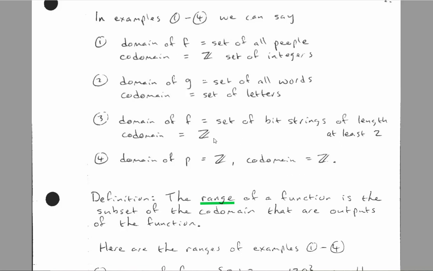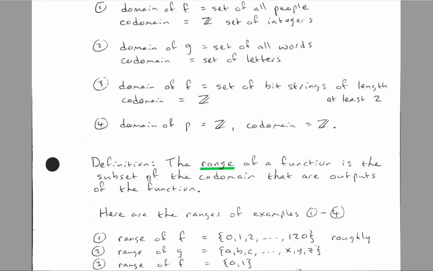So we're seeing here that what's coming out doesn't have to be the whole codomain. For example 3, we just have zeros and ones coming out, so certainly not every integer is coming out. So the range is defined as what does come out.